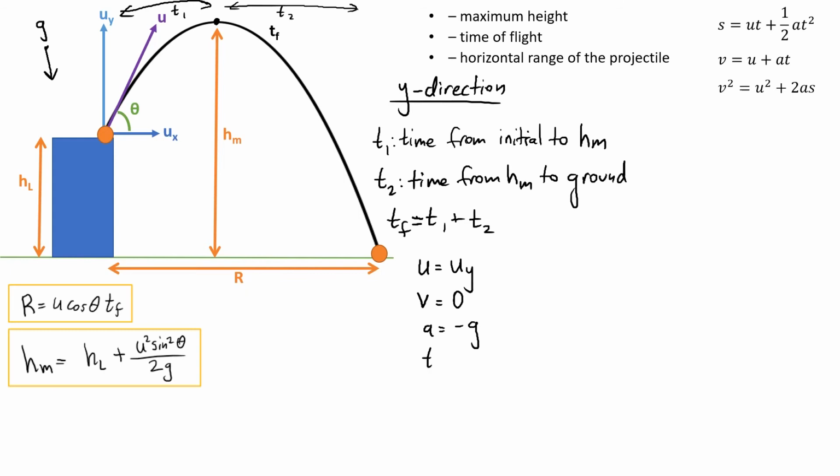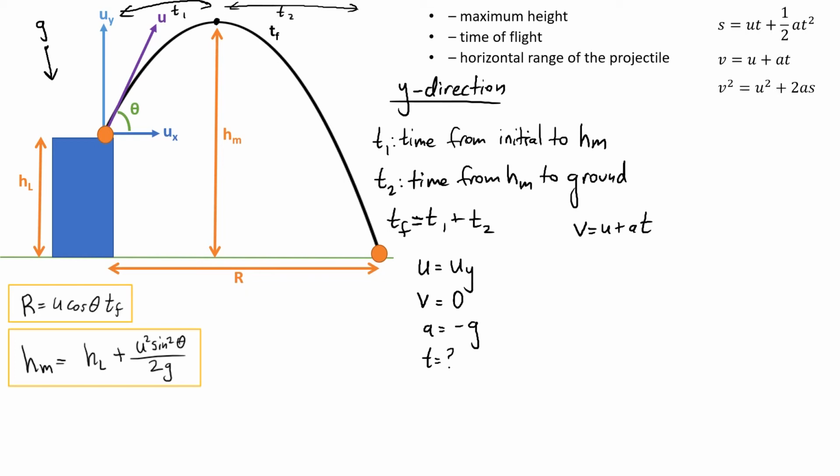So one of these equations with time in it is going to have to be used. So it's either going to be the first one or the second one. Now we also have s, right? We do know the height that the projectile reaches at that top point as well. But let's see if we can use an equation that only involves these ones. Well, if you look at these variables, we know that v is equal to u plus at is one that combines all of them, right?